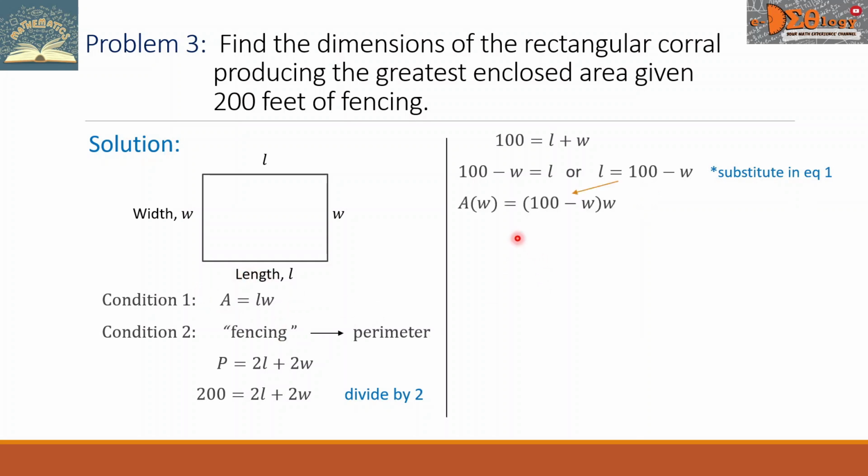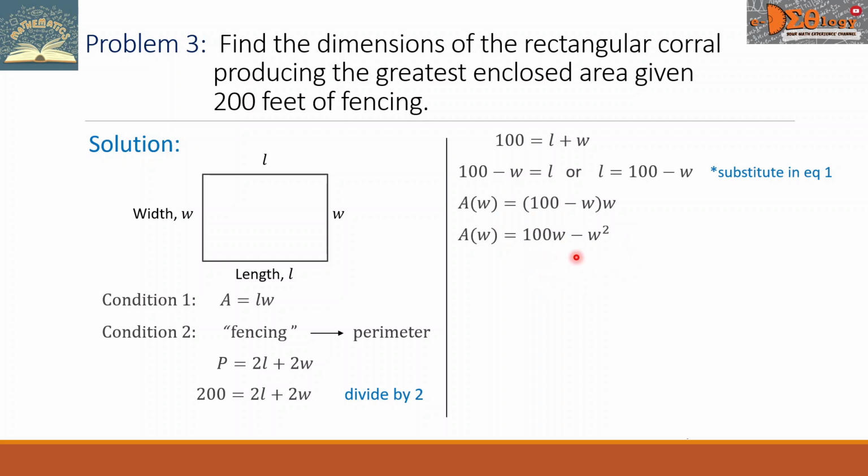So A as a function of W equals, this L is now changed into 100 minus W, times W. We simplify the right side. W times 100, we get 100W, then W times negative W, here is negative W squared.